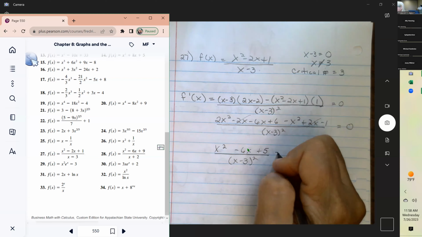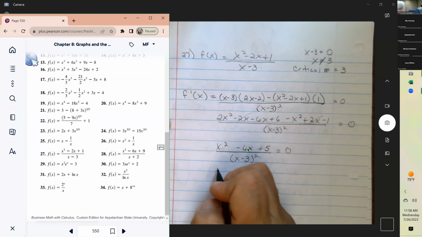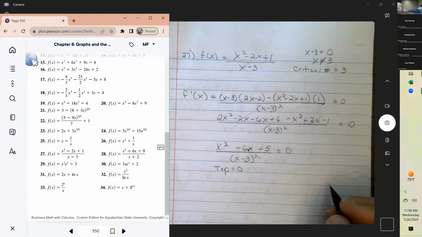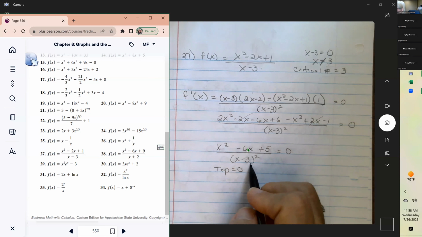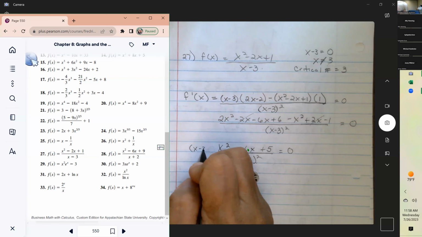Now, when you have a fraction and you're setting it equal to 0, the only way it can be 0 is if the top equals 0. So you could just set the top equal to 0. The reason you can do that is that we can multiply both sides by the denominator.